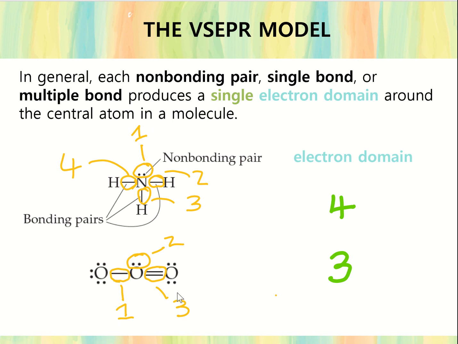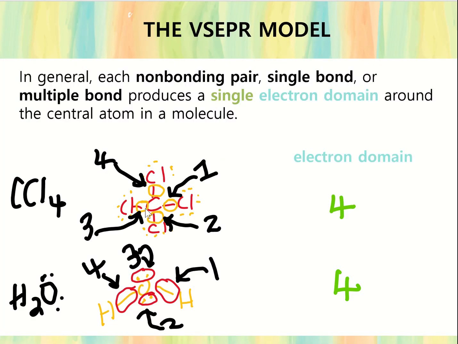For ozone here, this is the Lewis structure for ozone. And essentially we have 1 electron domain here, we have 2 electron domains here, and we have a 3rd electron domain here. So notice here that a double bond is 1 electron domain. So we end up with a total of 3 electron domains here for ozone.